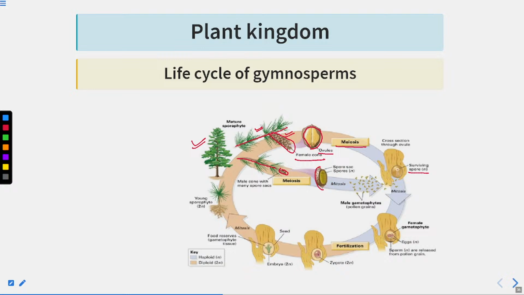Spore sac is here, and inside the spore sac many spores, that are haploid in nature, are present. And when they are released, you can see this wing structure like this, right? And they reach this female gametophyte. So fertilization takes place and zygote is formed.